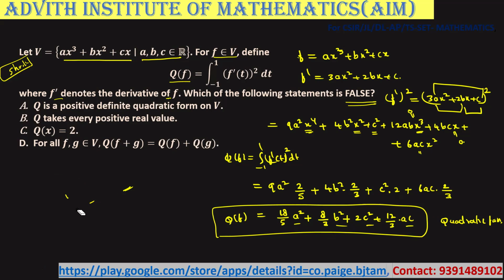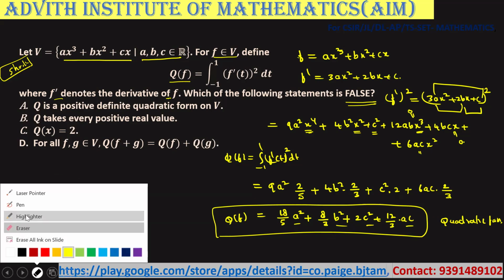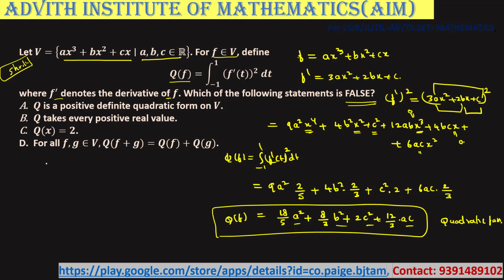Q is a positive definite quadratic form అని అన్నాడు. పాజిటివ్ డెఫినెట్ కావాలంటే ఫస్ట్ దాని యొక్క మ్యాట్రిక్స్ ఫైండ్ అవుట్ చేయండి. మ్యాట్రిక్స్ ఏంటి? ABC, which is a quadratic form in ABC కదా, 3 variables.